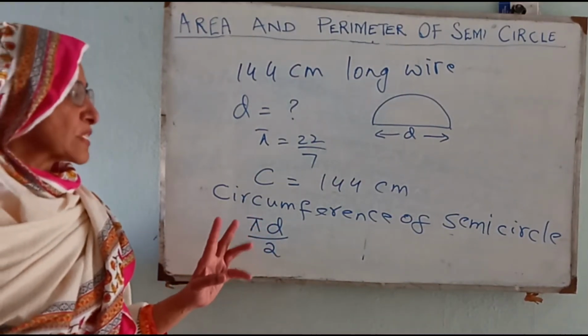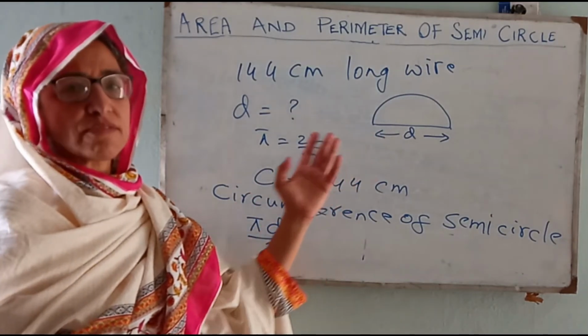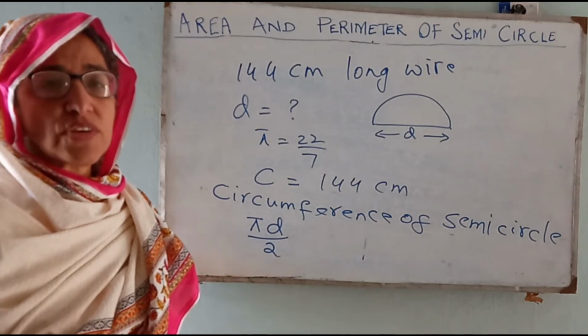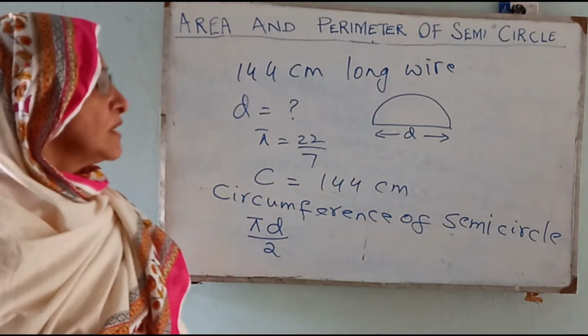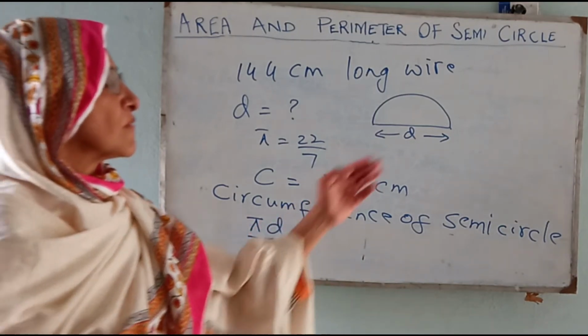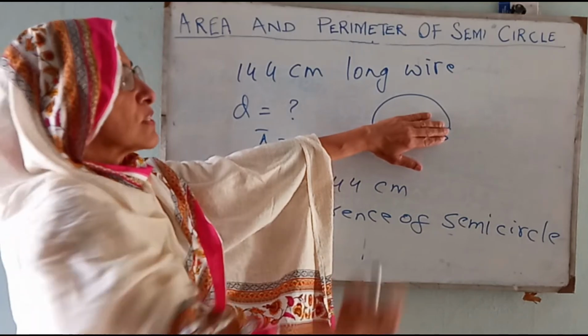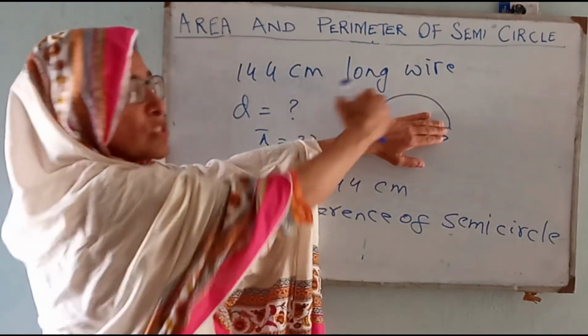Now one common mistake which I have seen throughout my teaching experience that children make is that when we are talking about the circumference or the perimeter, it is the sum of the outside boundary. So this is the formula for this much portion of the semicircle. The circumference of a semicircle is pi d by 2 for this curved part.